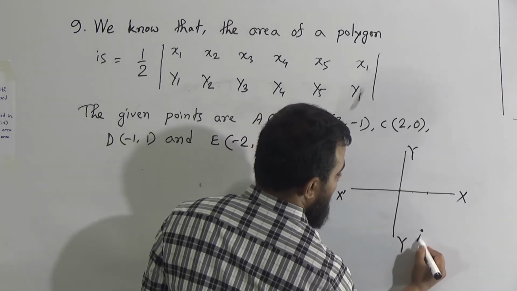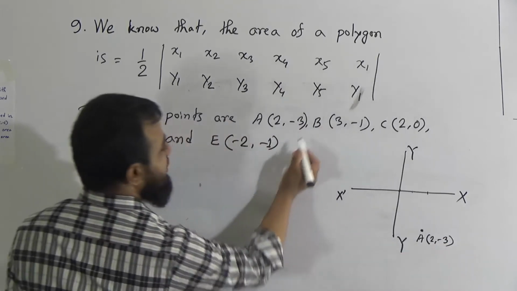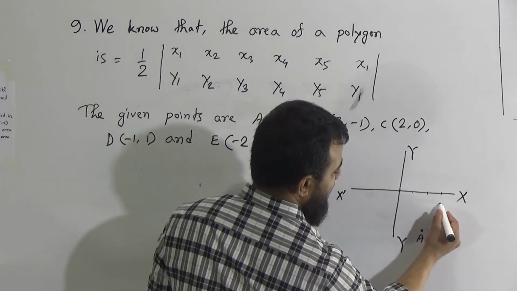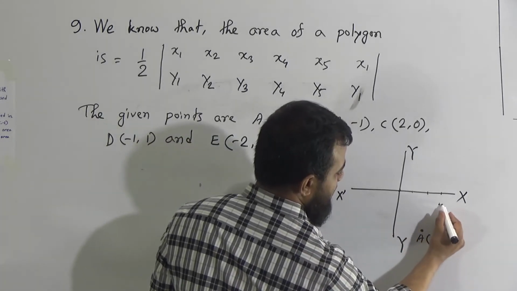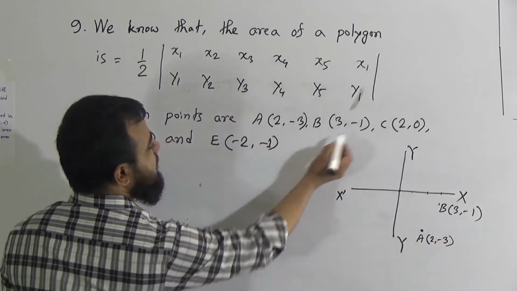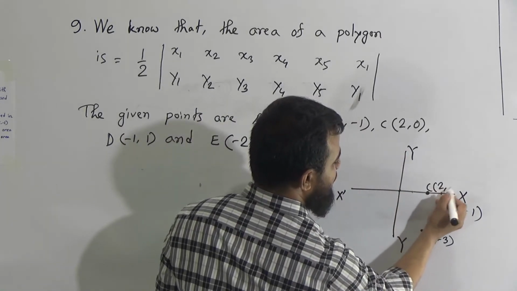So this is our point A. The next point is B, (3, -1): 3 is this one, -1 is here. This is point B. The next point is (2, 0), this one. This is point C.